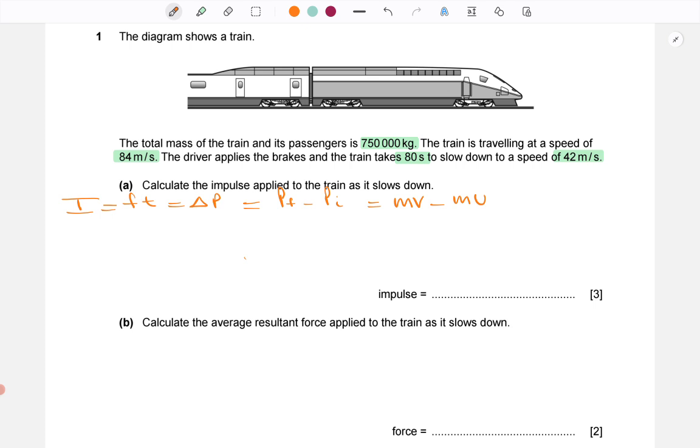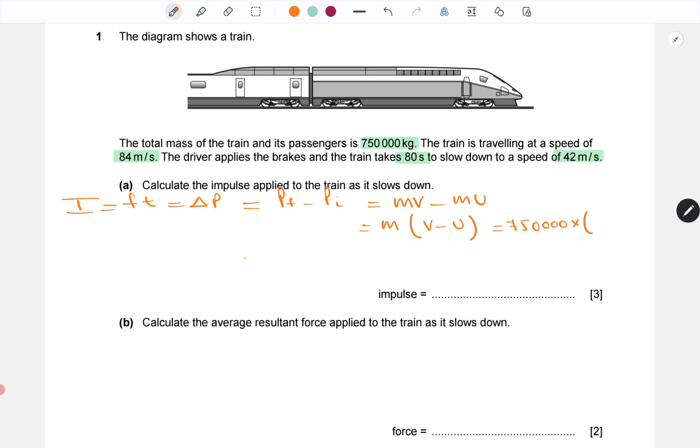Now let's substitute the values. We have mass, so it's better to take mass as common, so it will be easy in the calculation. It becomes m times (v minus u). The mass is 7.5 times 10 to the power 5... that is 40, right? Multiply by (v minus u).